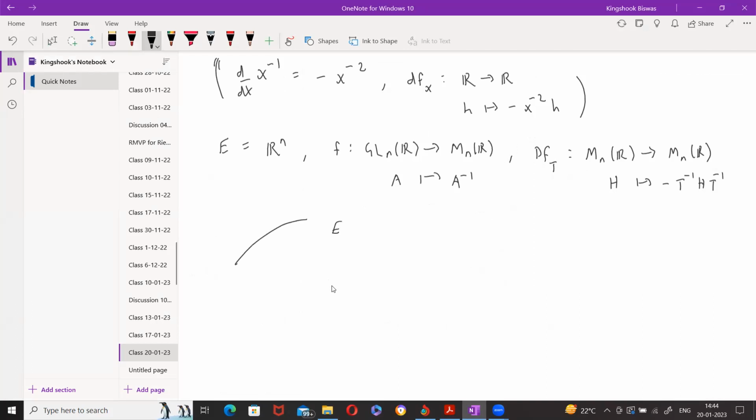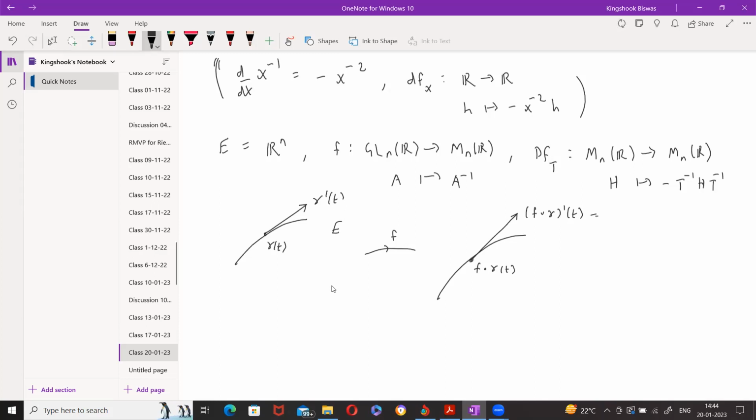In other words, if I take a differentiable curve in E with tangent vector gamma'(t), then if I look at F of gamma, the tangent vector to the image curve is the image of this tangent vector under the derivative.